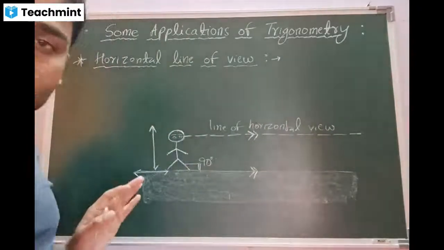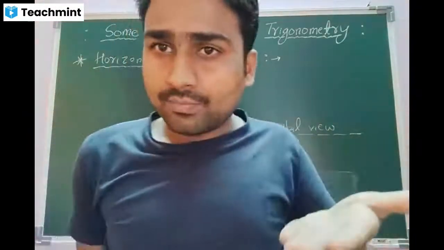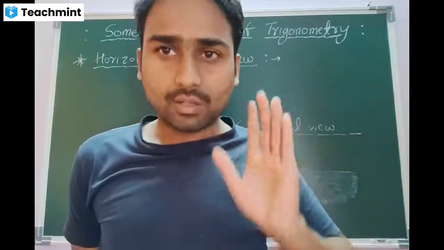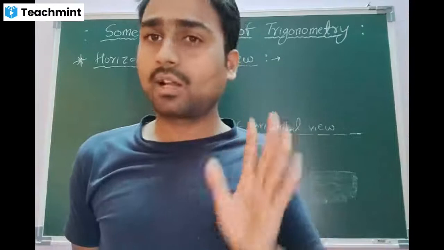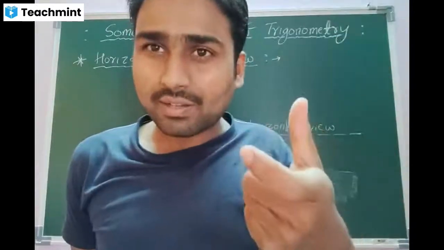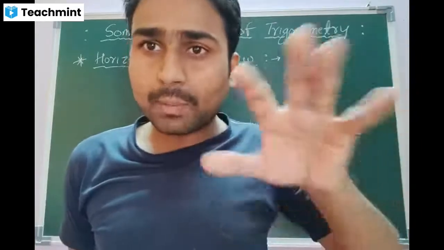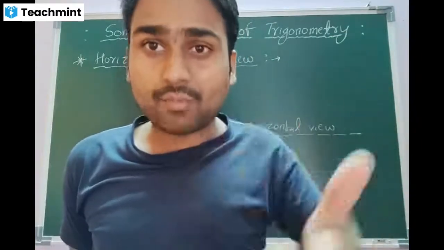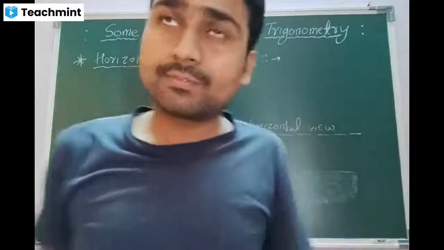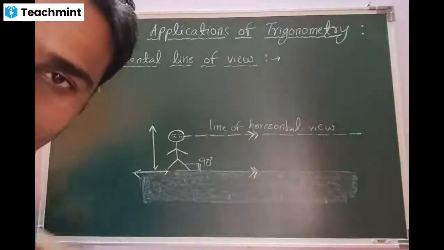In simple words, one person should be standing straight on the ground with the head still. Then the line of sight, an imaginary line drawn from his eyes, which is parallel to the ground, is referred to as the horizontal line of view. Is there any confusion, beta?